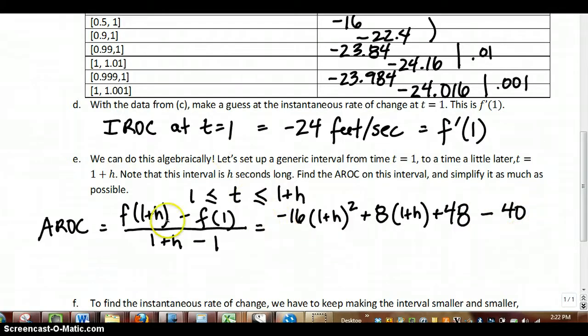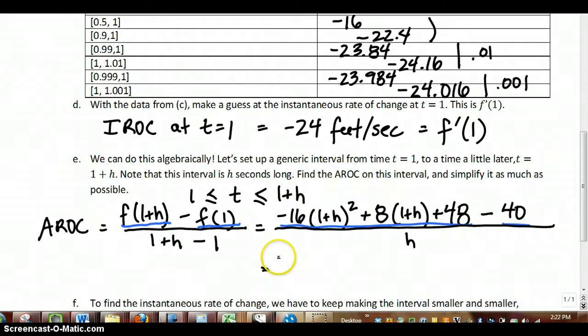So this first part here is this long expression here, and f of 1 is just our previously calculated 40. And notice that I subtract the 40 because I'm subtracting f of 1. And the denominator of this is just going to be h. So now I have to unpack this a little bit.